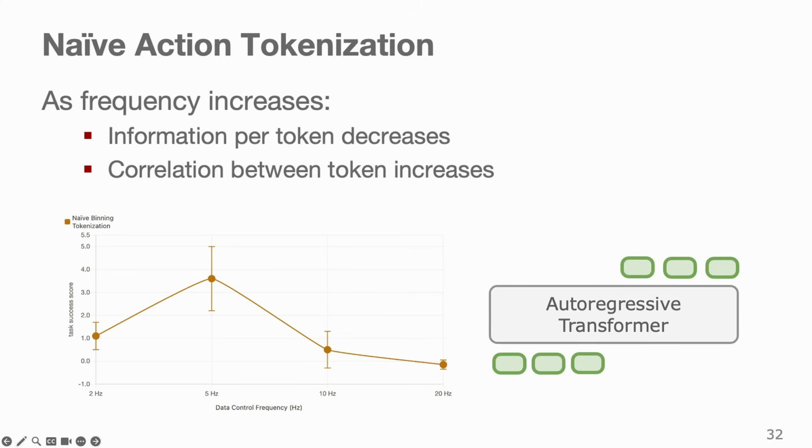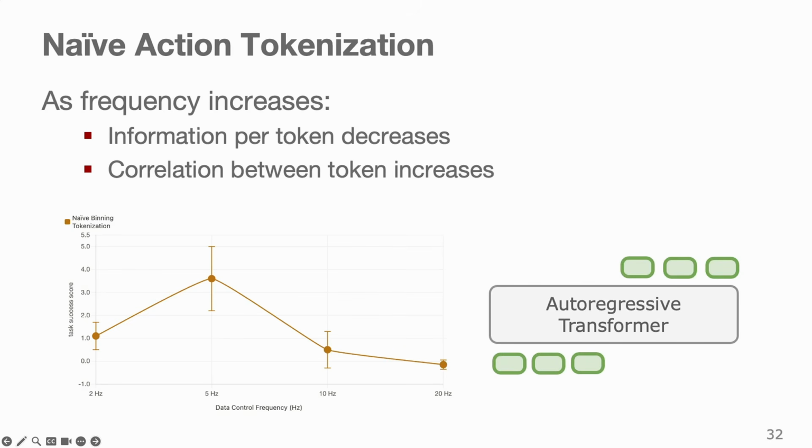Because once you want to do this with a VLA, this starts to break down very quickly, especially the higher frequency you go, because the tokens start to look very similar to each other. Basically, the higher the frequency you go, the less difference there is from one step to the next, right? It's such high frequency that you look at one frame and the next one, and there's almost no movement happening in between, right?